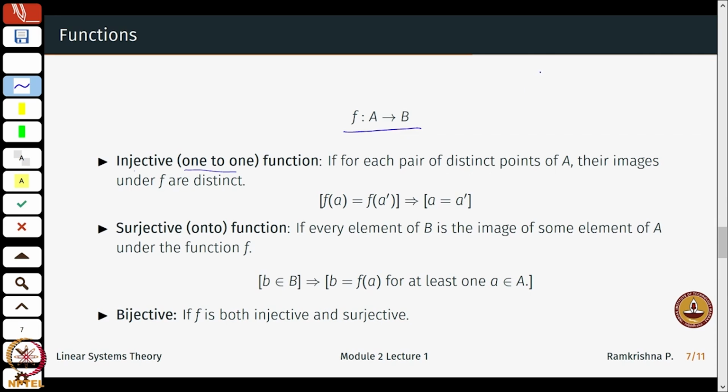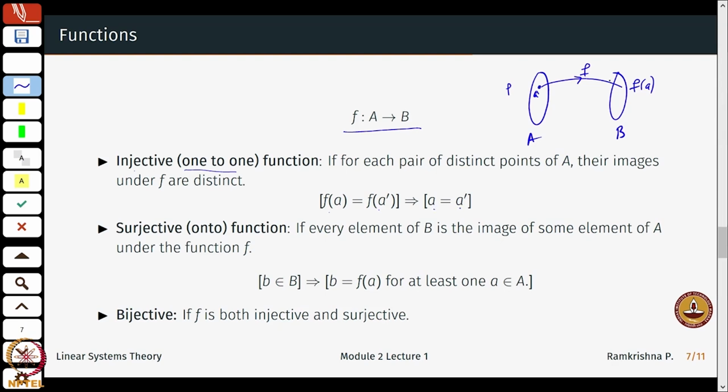So if f of a is equal to f of a prime, then a must be equal to a prime.